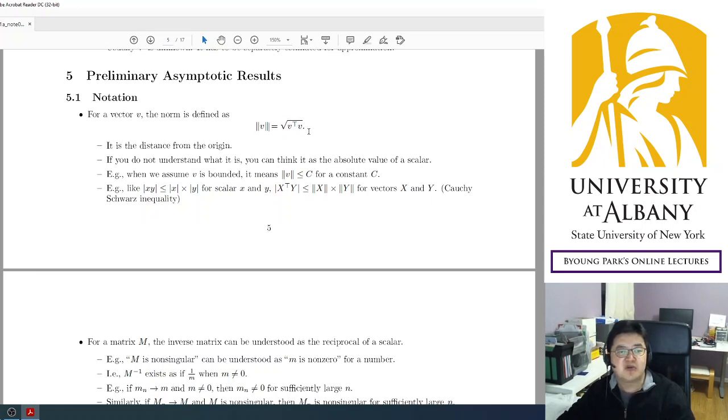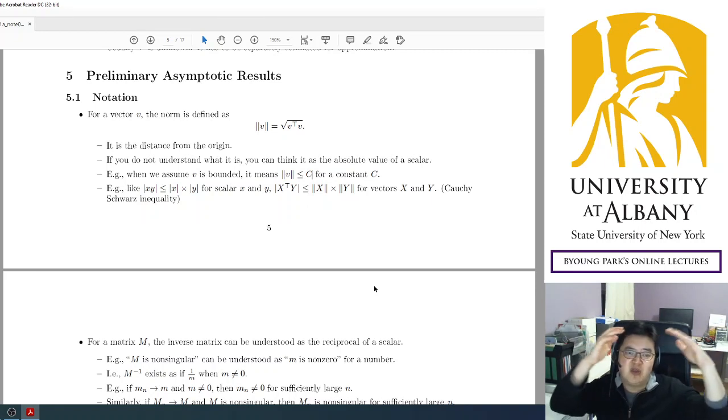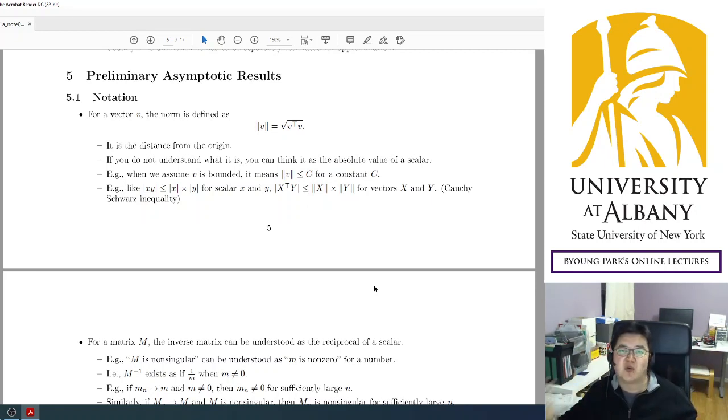Still, you can interpret it in the same way: basically, it is the distance from the origin. That's the definition of the absolute value of a number, and we do the same thing. A vector, or a random vector, is bounded when it satisfies this: all the possible values lie within a certain distance from the origin, so it does not go too far away from the origin. That's the definition of boundedness.